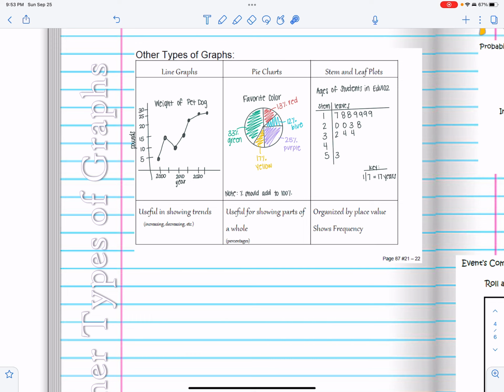Thirdly, our stem and leaf plot. A stem and leaf plot is very useful because it actually shows the data itself. All of these others are looking at more of trends or an overview. The stem and leaf plot is going to show you every single data piece.